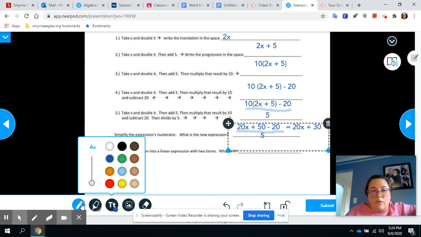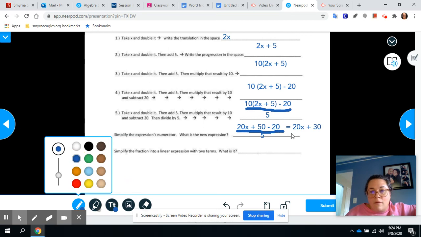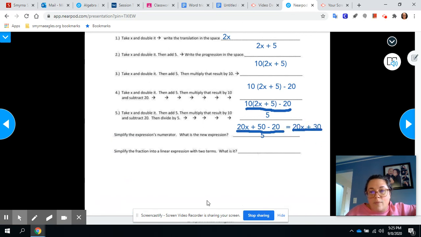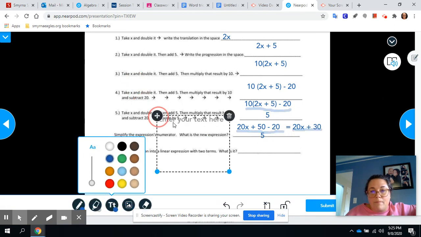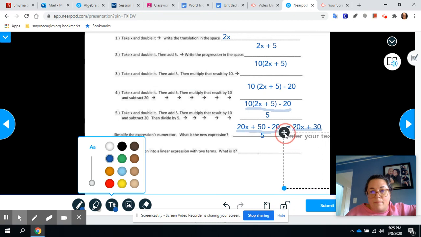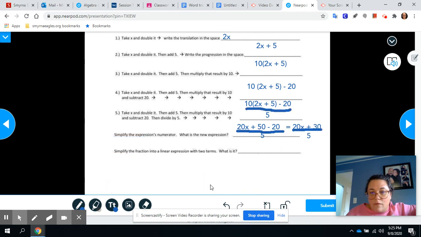And then we're going to put that all over the 5. Go with what you know. Okay. So, oops. Cool. So we have the 20x plus 30 all over 5. So that's simplifying the expression's numerator.